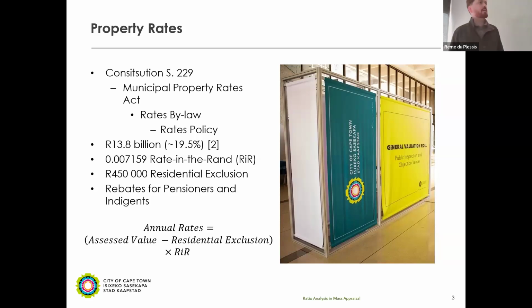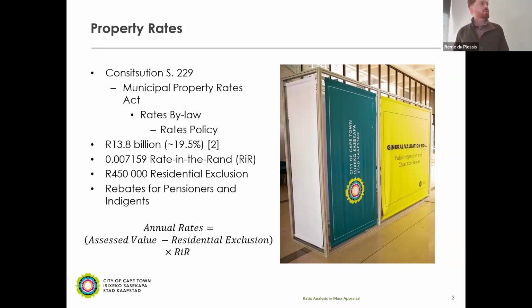That must then be implemented at a local level by our rates bylaw, which I believe was passed in 2006. And then every year with the budget as one of the annexures that comes out, you have your rates policy. They're all the nitty gritty for us as a municipal district or metro, gets decided.